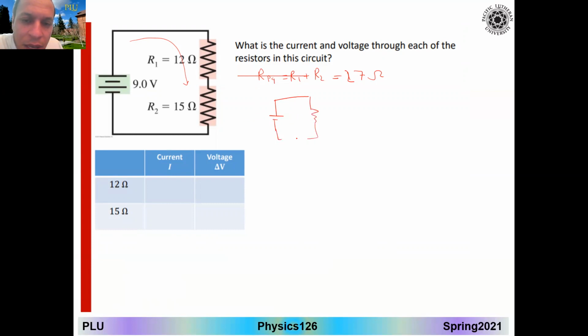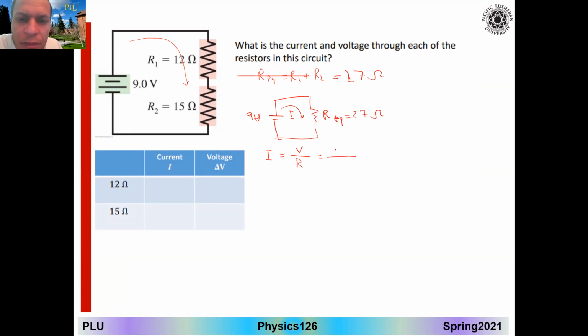Sorry, my pen is acting up a little bit. So here is the R equivalent, which is 27 ohms, here is the voltage, 9 volts, and here is the current, still my current here. So I can use Ohm's law. The current will be voltage divided by R. How many volts do I have?